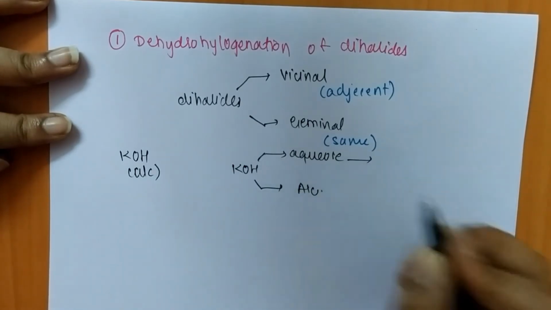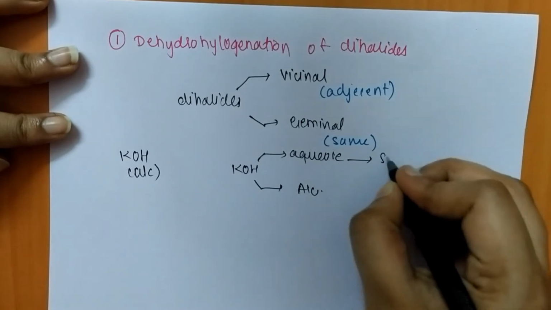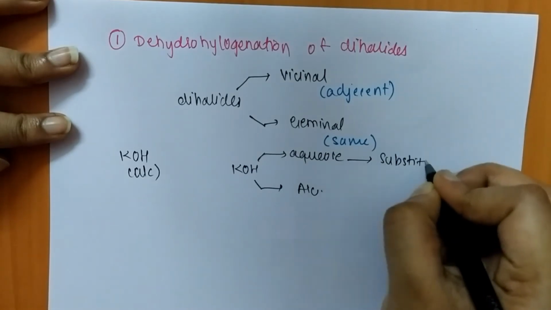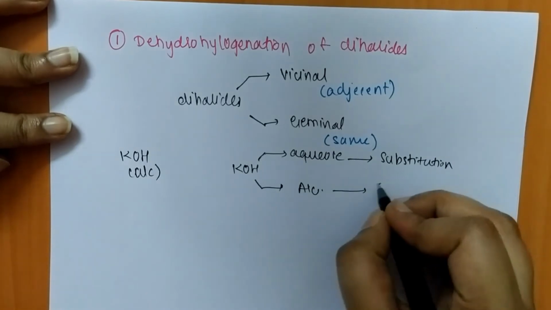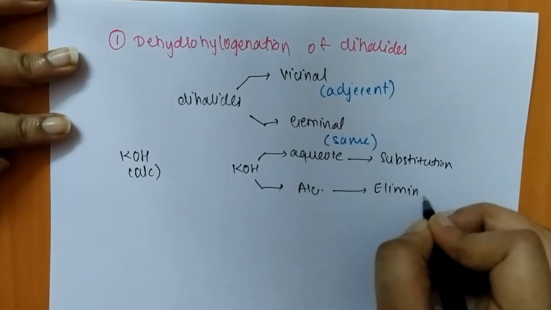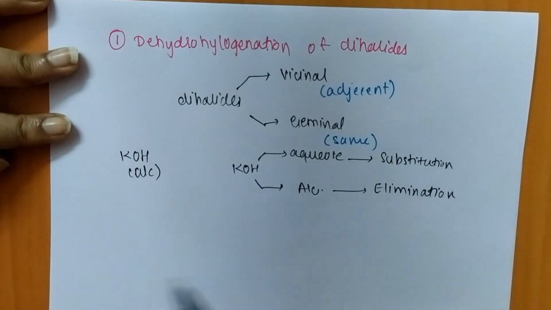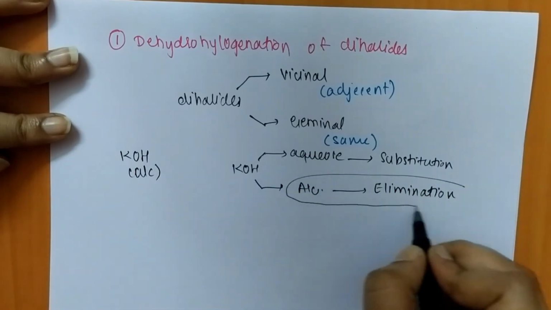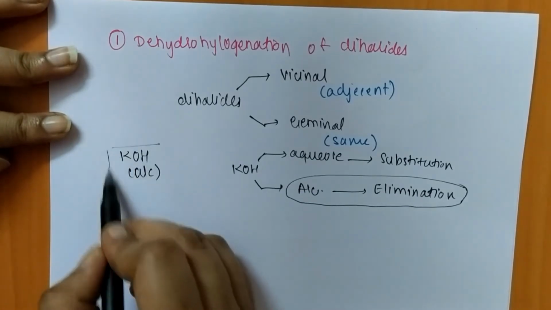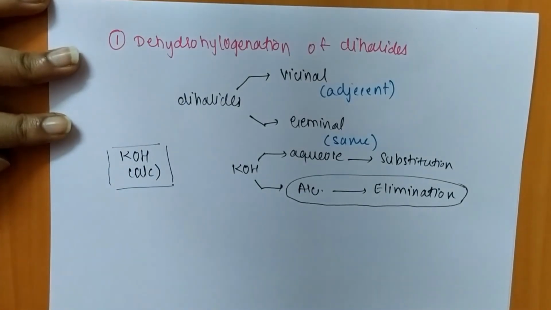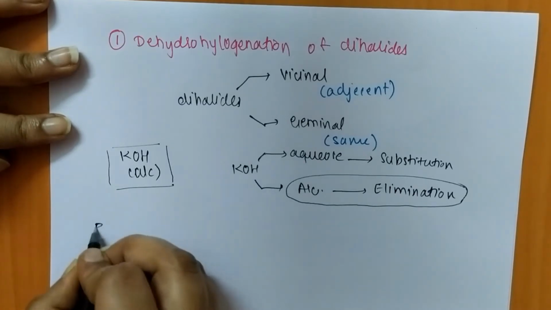The aqueous KOH is meant for substitution reactions, while the alcoholic KOH is meant for elimination reactions. So therefore, because dehydrohalogenation is an elimination reaction, we are going to use the alcoholic KOH.